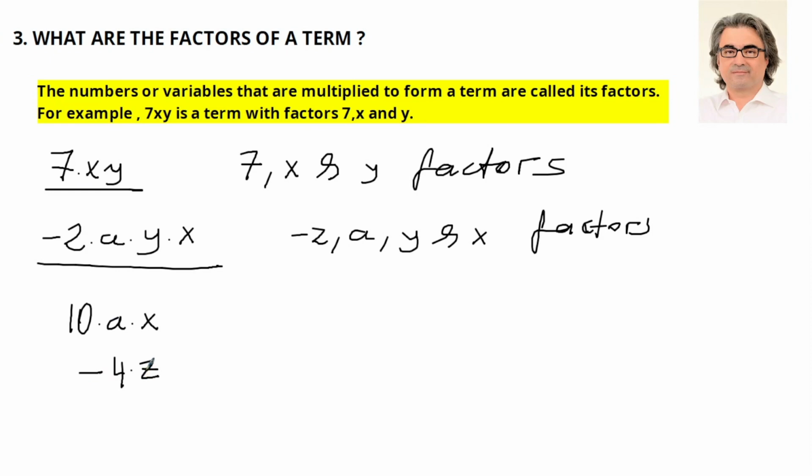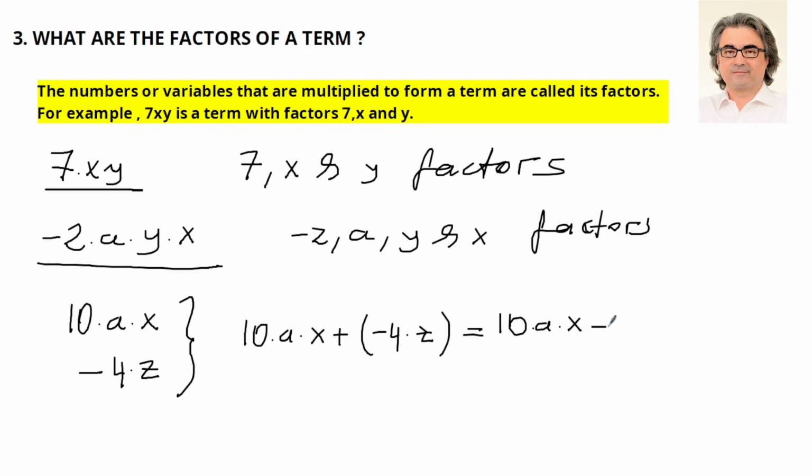On adding them up, I'll get 10 times a times x plus minus 4 times z. It means 10 times a times x minus 4 times z.